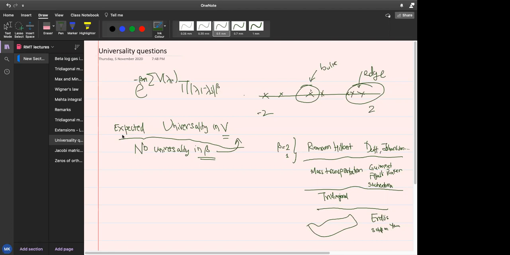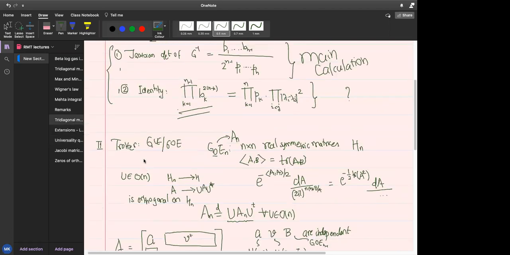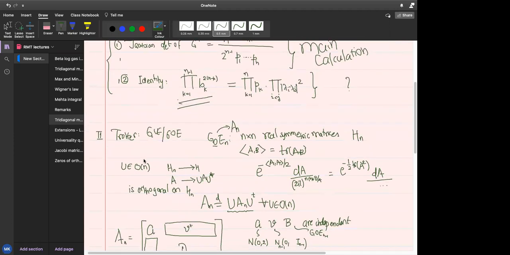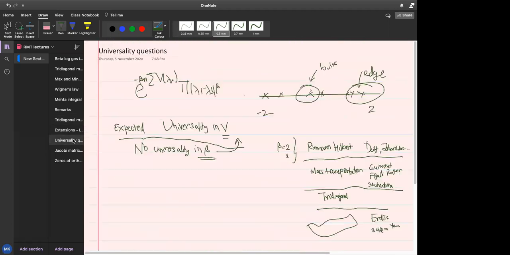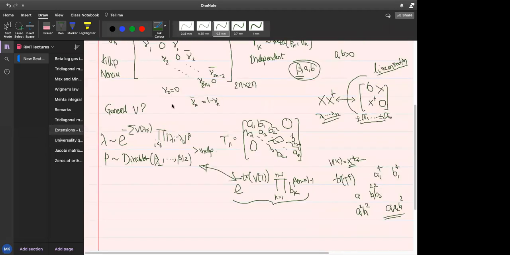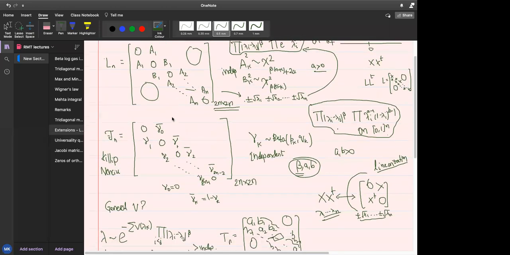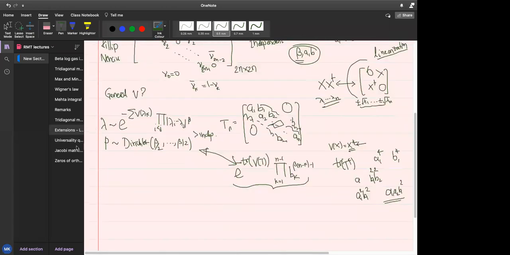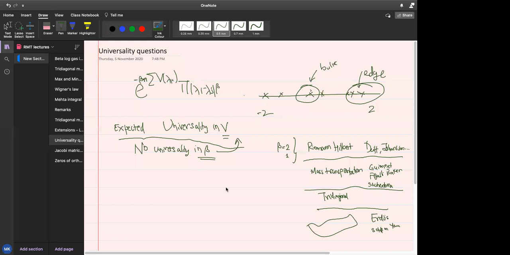Okay, so that was just telling some of the problems here. So what I did so far was to tell you how the tridiagonal matrix gives you the eigenvalue density. That was what I did today, and some of its extensions. So I will now go on to some other thing. But are there any questions or comments?